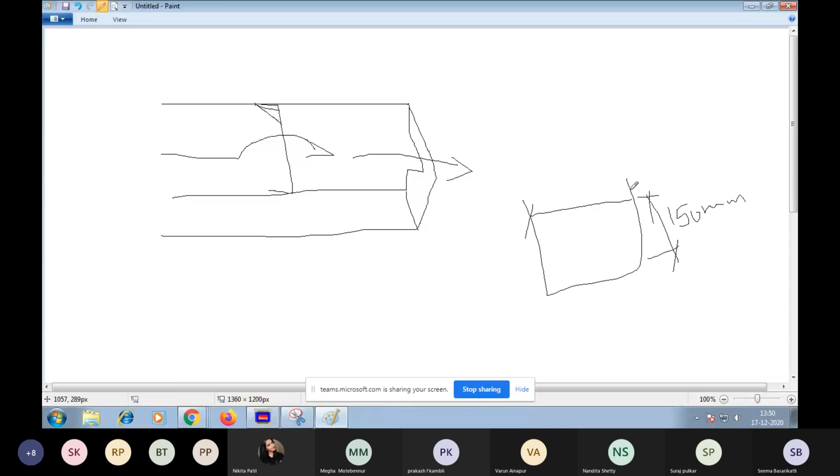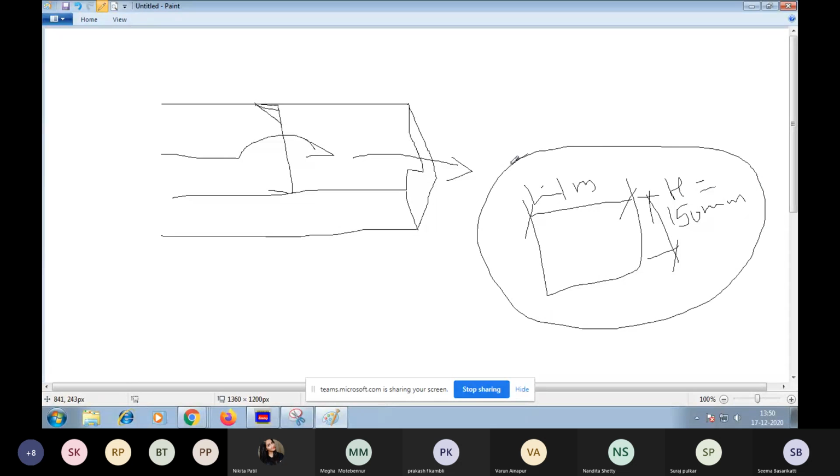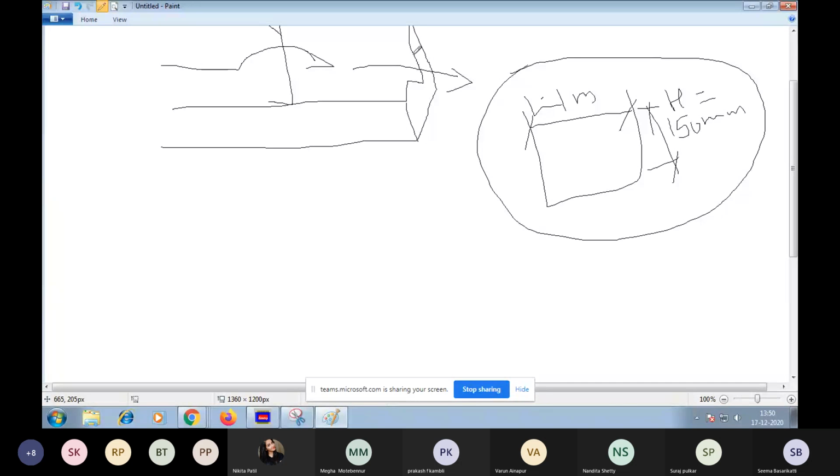The length of the notch is 1 meter. This is H, the height of the rectangular weir. Next, the water first passes through the rectangular weir and then through the triangular weir. Now you need to identify the height of the triangular weir.